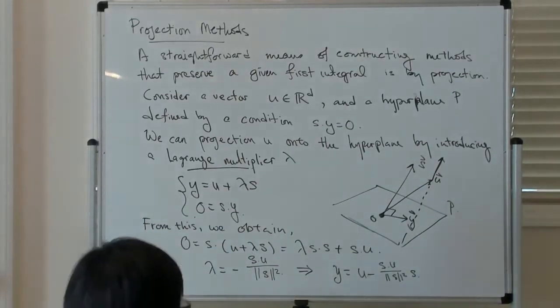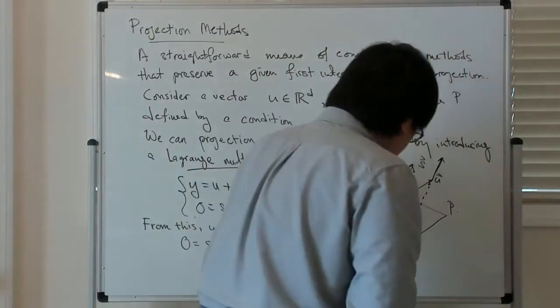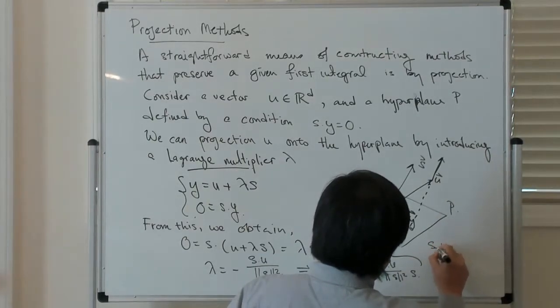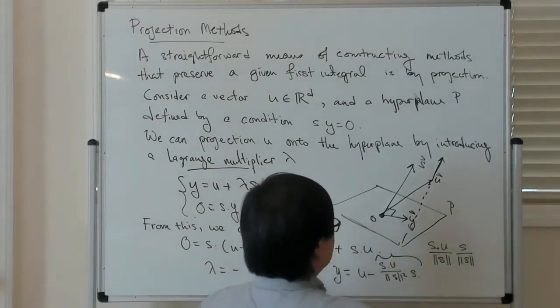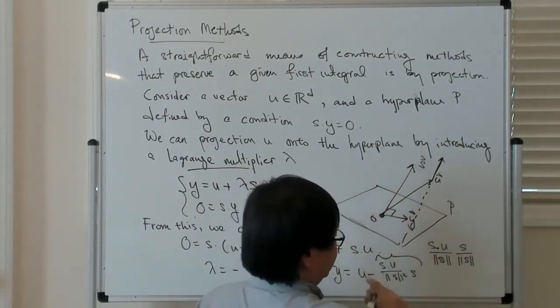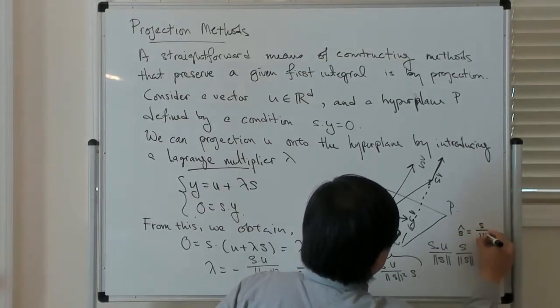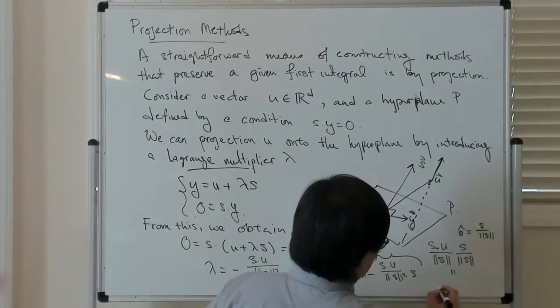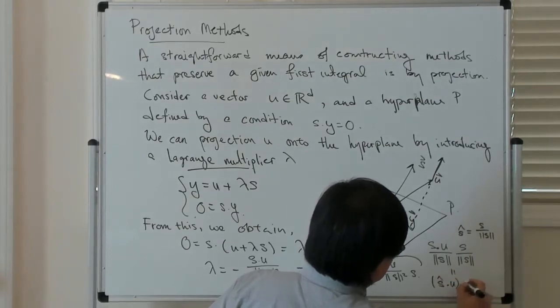One way to interpret this is that I can rewrite this term as s dot u divided by the norm of s times s over the norm of s. So I can think of the unit vector in the direction s, which I denote by s hat, where s hat is s divided by the norm of s. When you do that, this expression becomes s hat dot u times s hat.